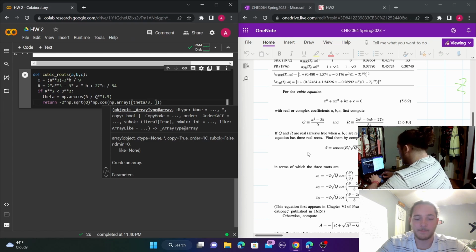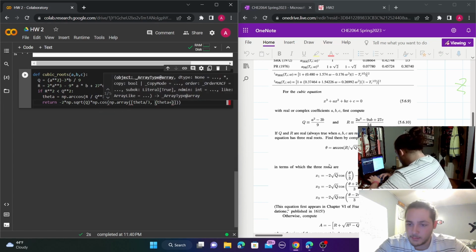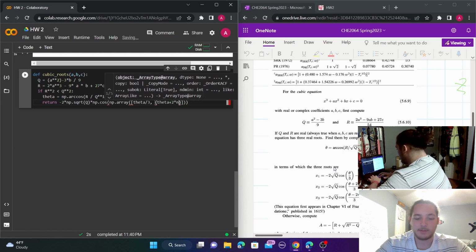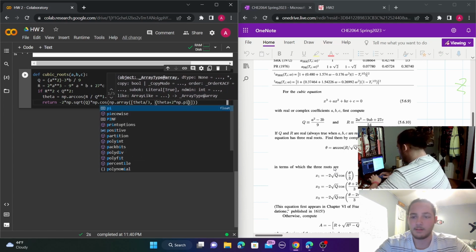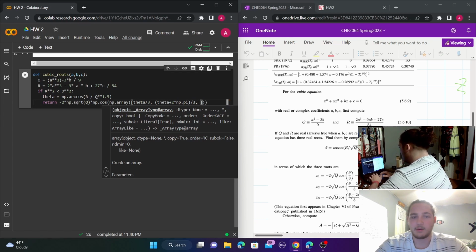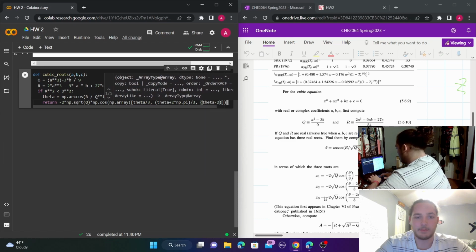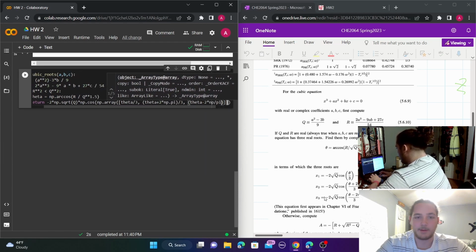And then now we can go theta plus 2 times np.pi, and then that is going to be divided by 3. And then our third root is going to be theta minus 2 times np.pi over 3.